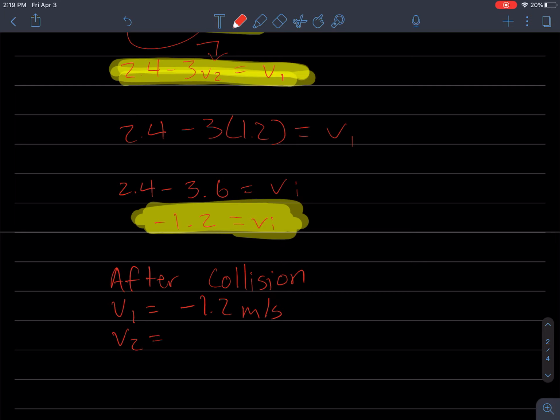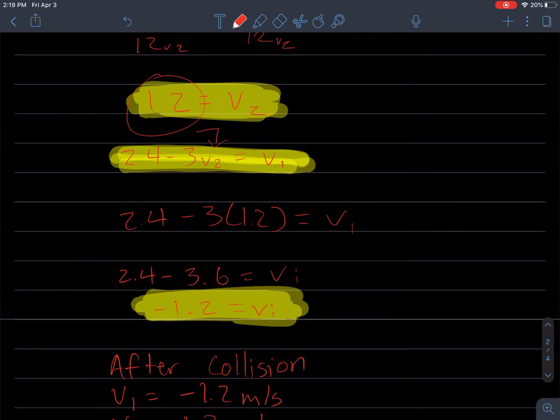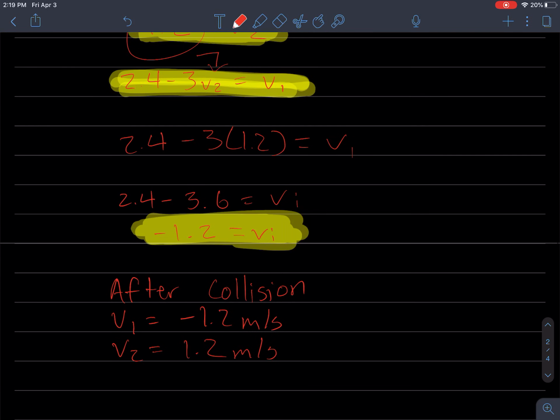Velocity of our second object is going to be 1.2 meters per second. Now, the reason why one is negative, one is positive, it just means that they're going in opposite directions. So basically, that first object that was moving hit the larger object and then kind of bounced backwards at 1.2 meters per second. Whereas the other object was bounced forwards at 1.2 meters per second.